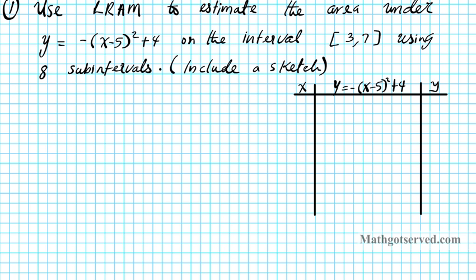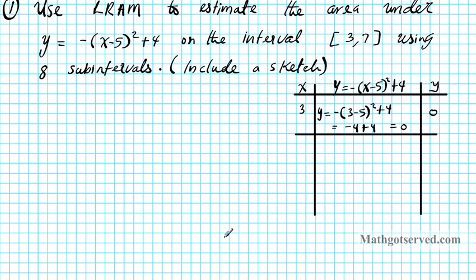We'll plug in 3 into the function, giving ourselves a little arithmetic practice here. Y is going to be negative (3 minus 5) squared plus 4. 3 minus 5 is negative 2, squared is 4. So it's going to be negative 4 plus 4. So our output here is going to be 0. 3 goes to 0.